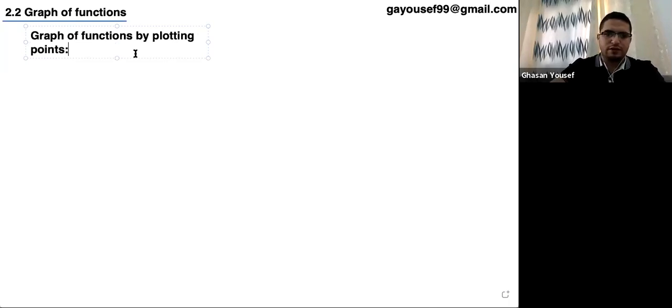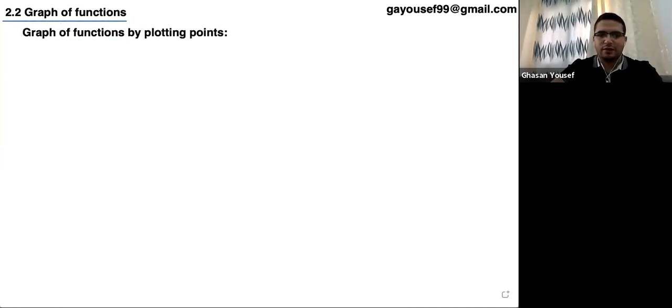But before I write the general idea, what is the meaning of a graph of the function by using the plotting point? Anyone know what is the meaning of plotting point? Did you hear about this word before?